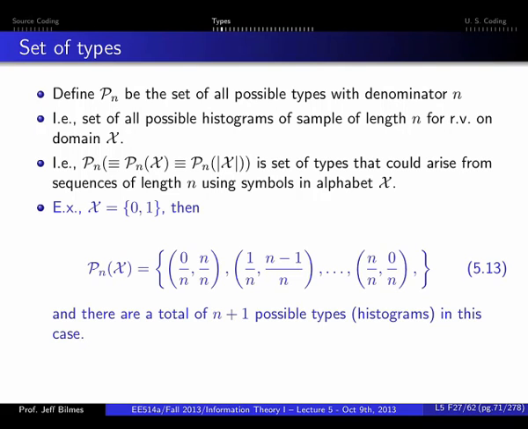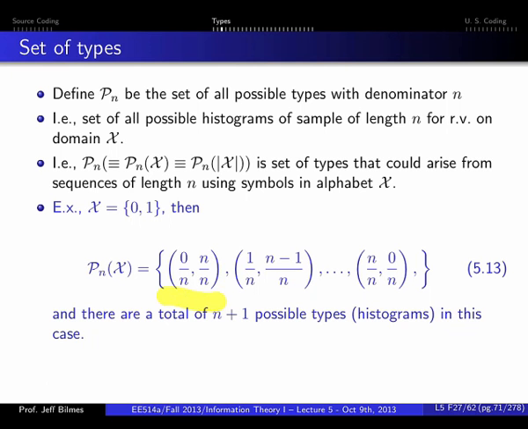So here's an example to make it clear. Let's say that we are using a binary alphabet, so D is equal to 2. These are all of the histograms that could occur in a sample of size n. This first one would say that 0 occurred no times and 1 occurred all the time.